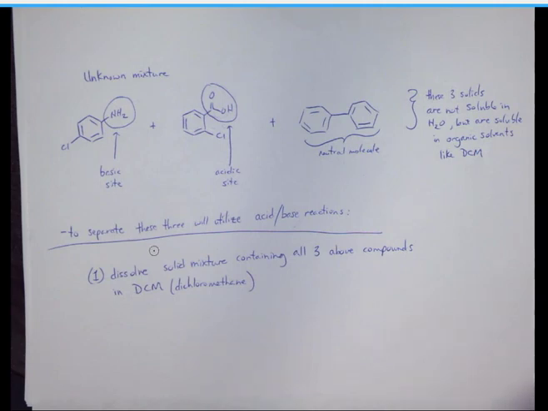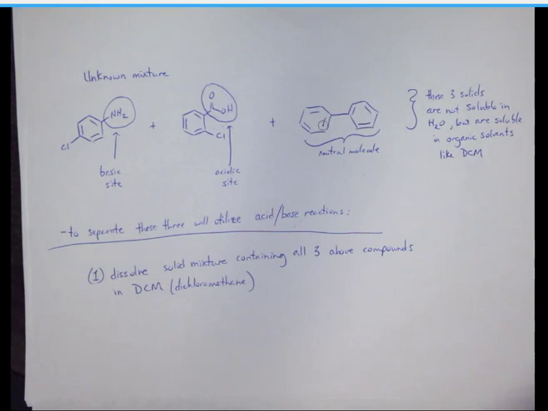To separate the three, we are going to utilize acid-base reactions. First off, we take this mixture. It's just going to be a solid to you, and homogeneous. You're not going to be able to tell that there are three different compounds in it. You take this solid mixture and dissolve it in dichloromethane.